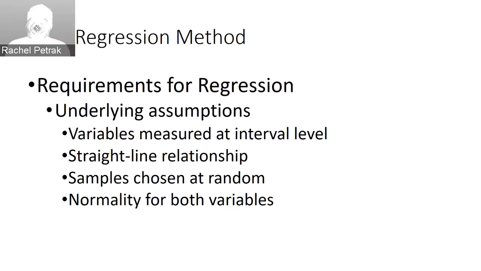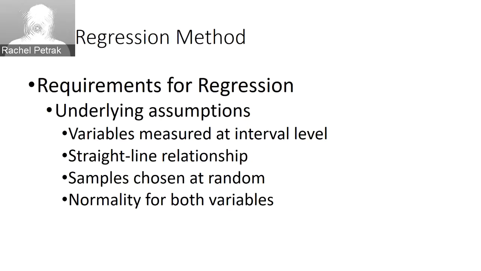Another really essential assumption here, and it's very similar, the assumptions are actually the same for regression and correlation. The interval level, the straight line relationship. The samples must be chosen at random.